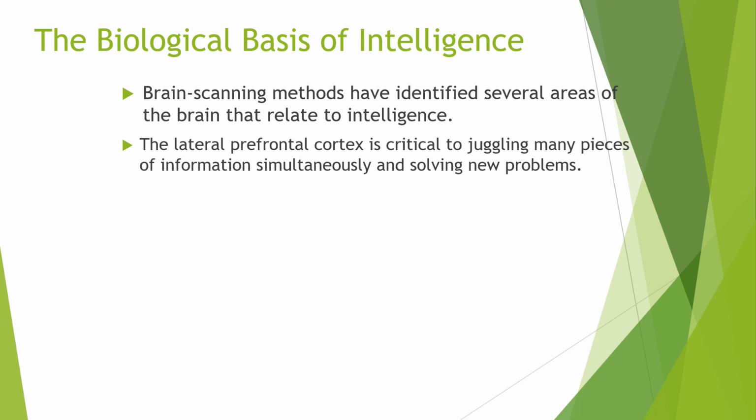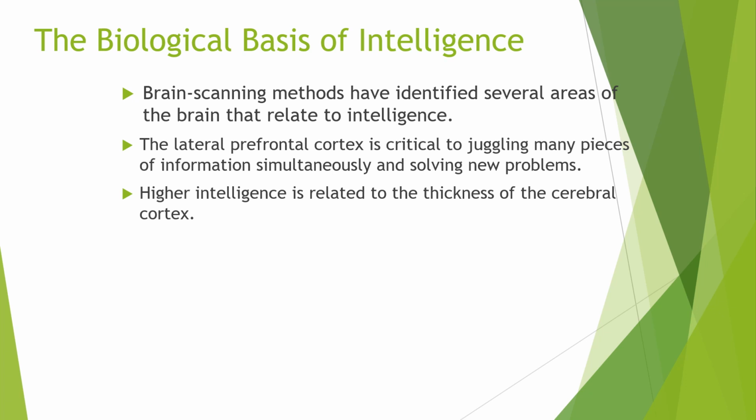This area of the brain is critical to juggling many pieces of information simultaneously and solving new problems. So if you're someone who is very good at multitasking and you can have a lot on your plate at one point in time and do well with each of those things, then your lateral prefrontal cortex is very much involved with that.